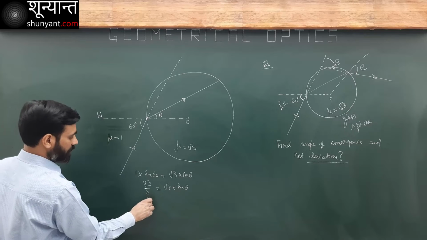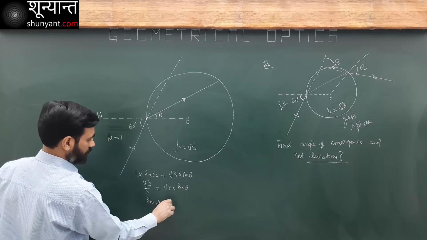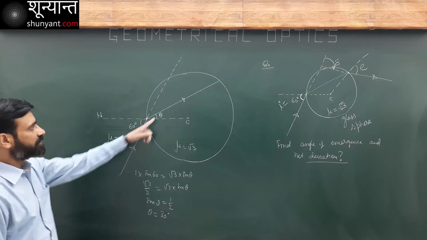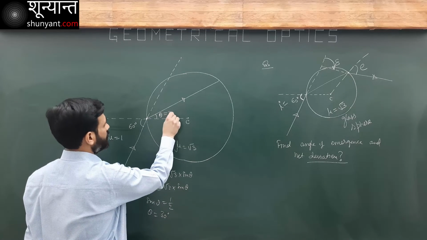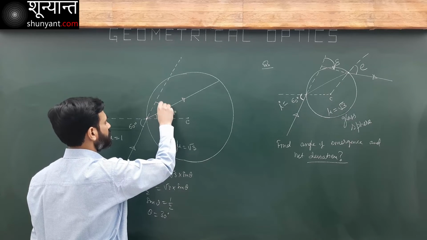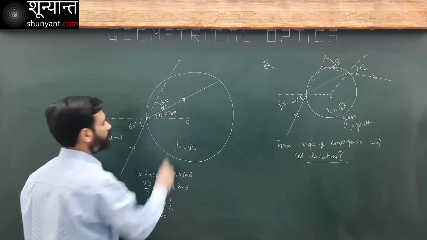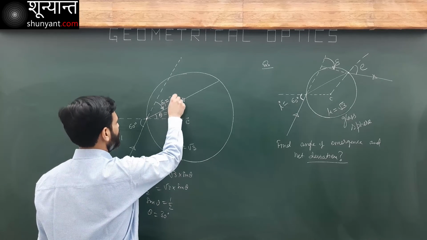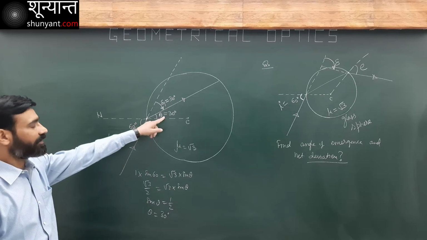What is sine theta? Half. What is theta? 30 degree. That means this angle is 30 degree. This is the deviation, delta 1. What will it be equal to? It will be equal to 30 degree. 60 minus 30 is 30.